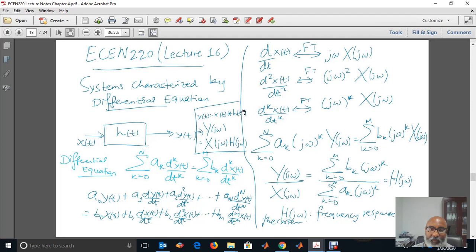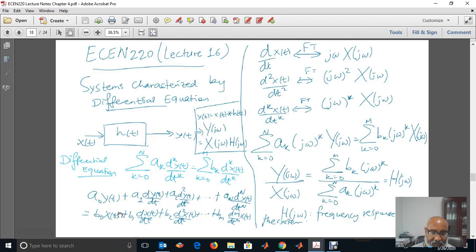Convolution in the time domain changes to multiplication in the frequency domain. So if two of them are given, you can determine the other variable in the frequency domain and change it to the time domain. This is the relation between the time domain and the frequency domain.